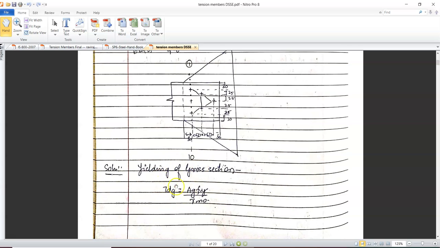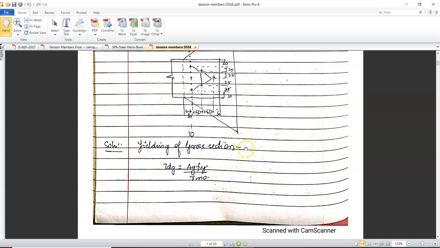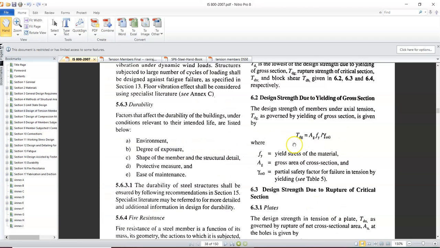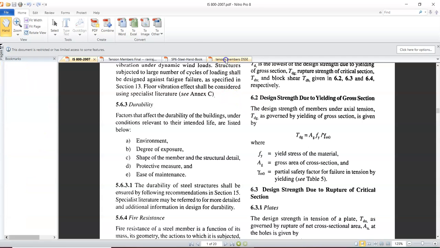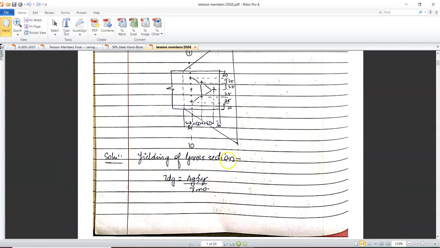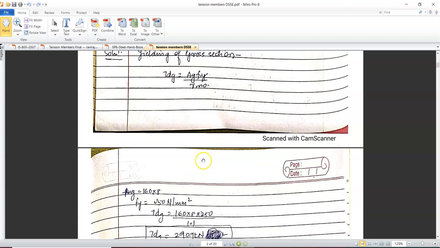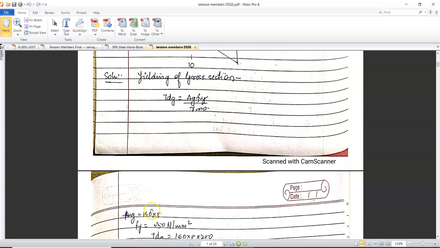The same formula is used here. The references are not given. So references are clause number 6.2, page number 32. That is yielding of gross section of the plate. TDG is equal to Ag into Fy by gamma m naught. Now Ag refers to the gross area of the plate.